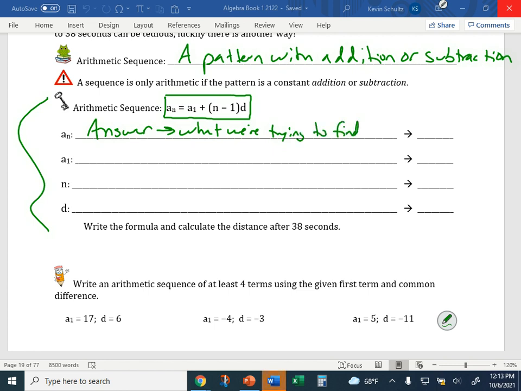So there's not really anything to plug in for that. But in the example up above, we were trying to find the 38th term of this sequence, right? Starting at 1 second, going to 2 to 3 to 4 to 5. We wanted to go all the way up to 38 seconds, which means we were looking for the 38th term of that sequence.